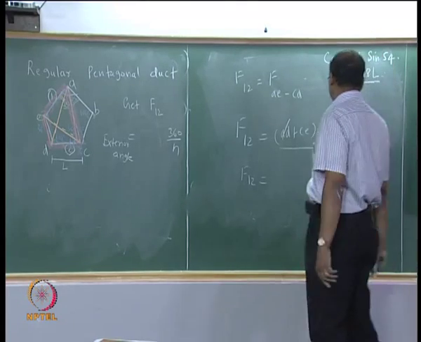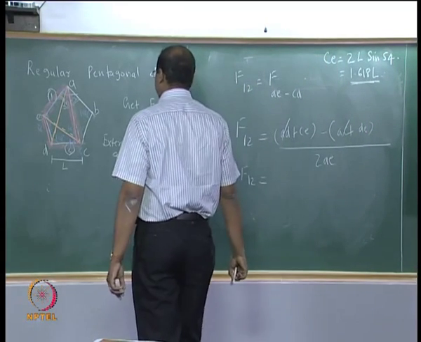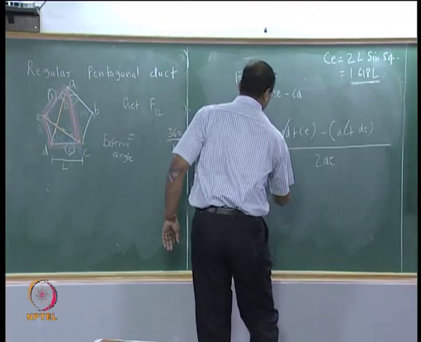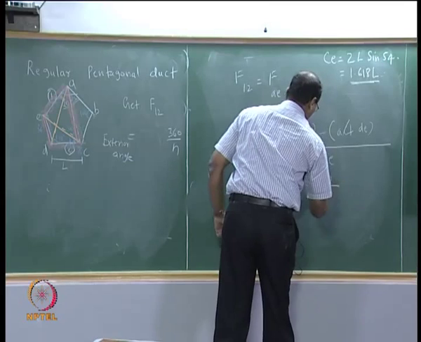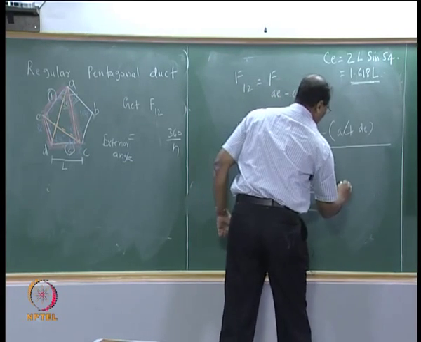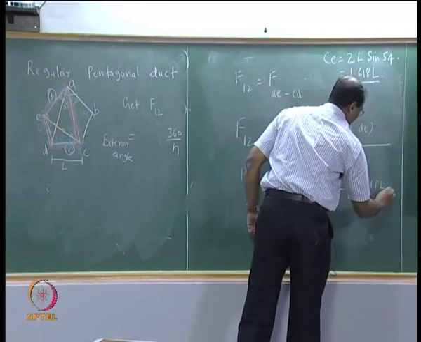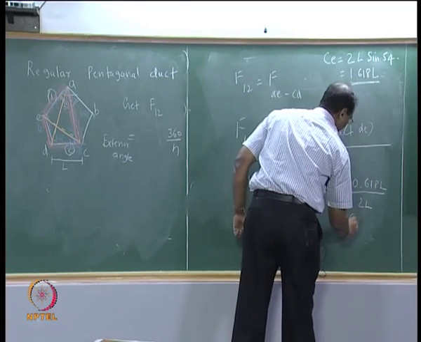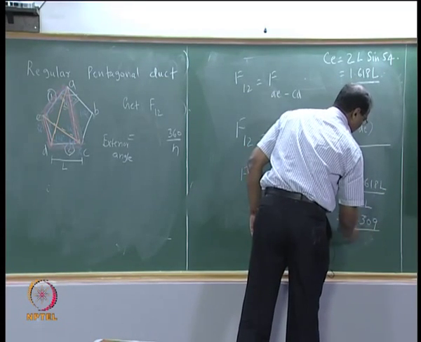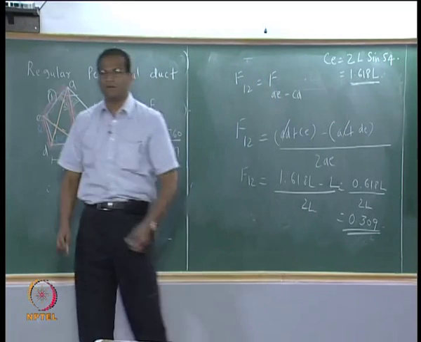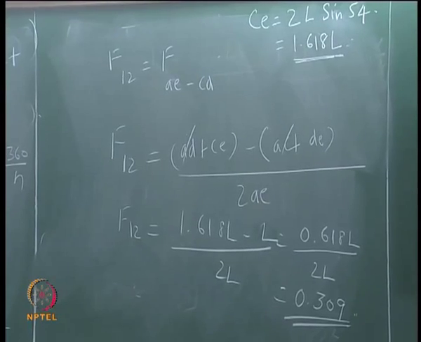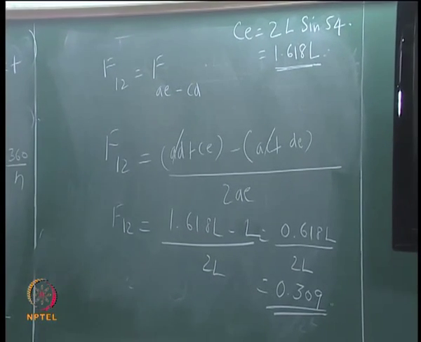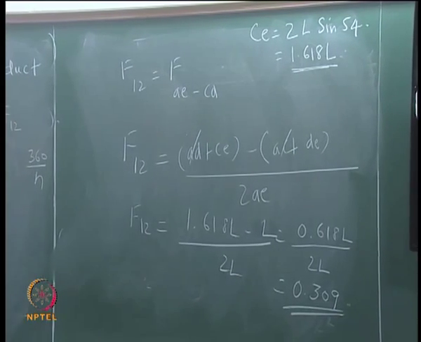Okay. So DE is L. Okay. So we can have next level of complexity will be hexagonal duct and so on.